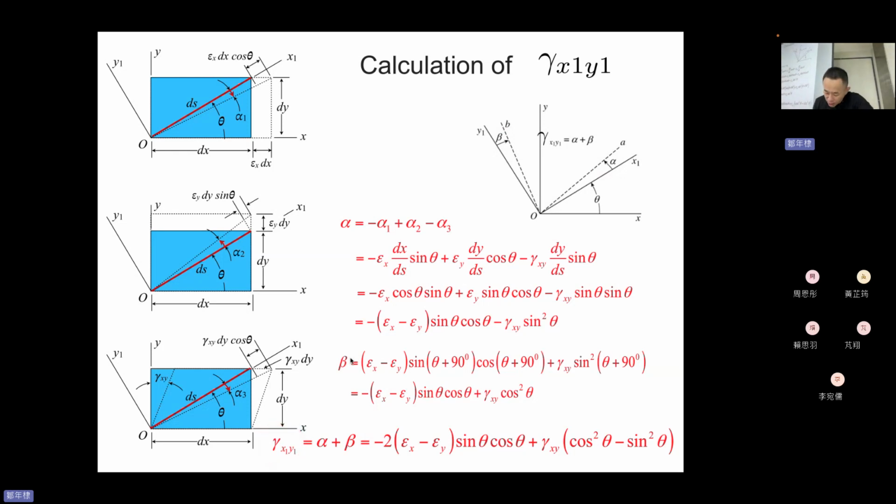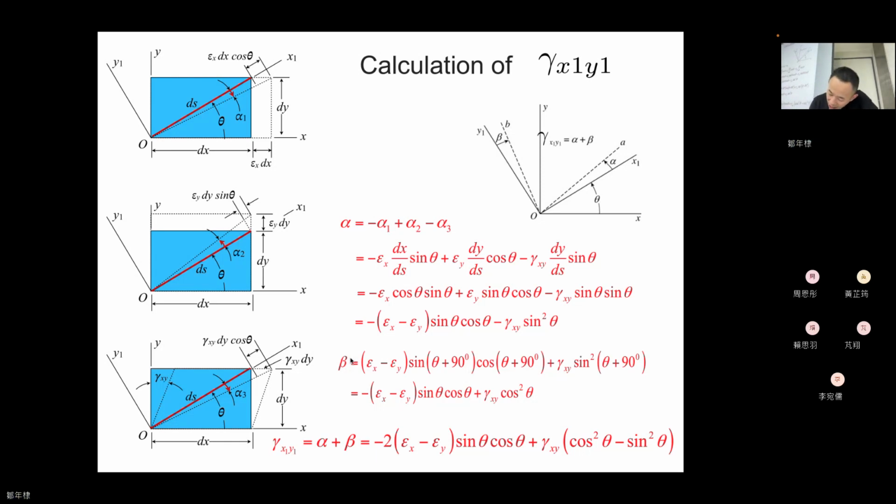Okay, so now it will be a little bit difficult. We need to firstly determine alpha, and then we determine beta, and then summing up together becomes gamma x1, y1. Let's take it step by step.